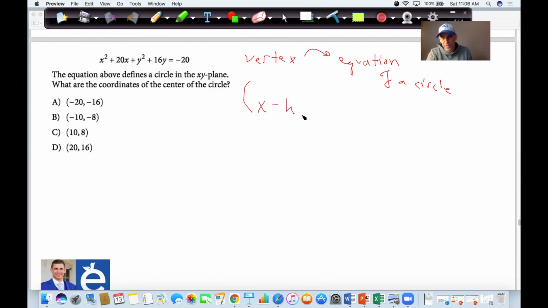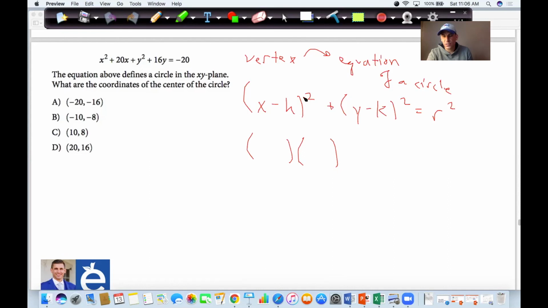So my (x minus h) squared plus my (y minus k) squared equals r squared. That's what you want to pay attention to. Because these are in vertex form, basically what I'm saying is that these are kind of like a perfect square in itself. It's something times itself, which is why it has an exponent of 2 on the outside.